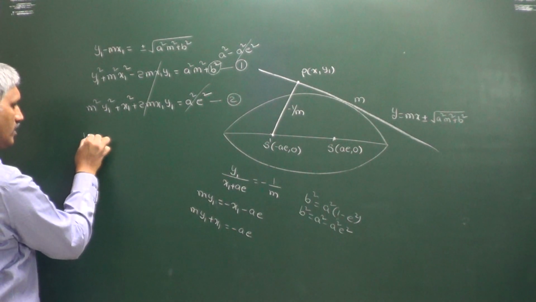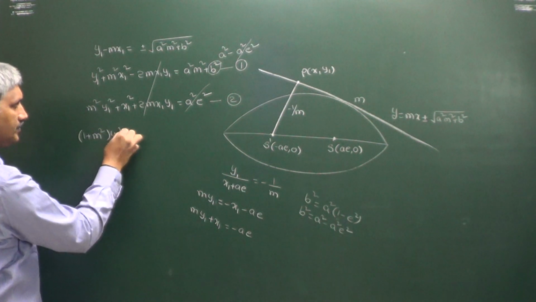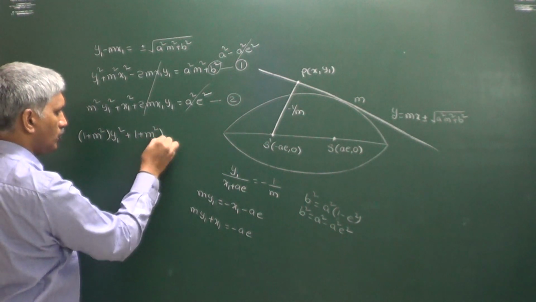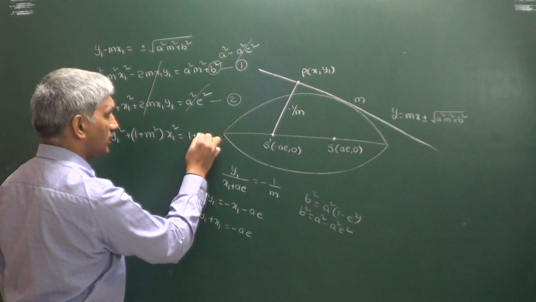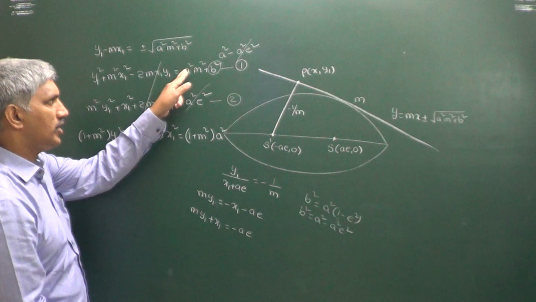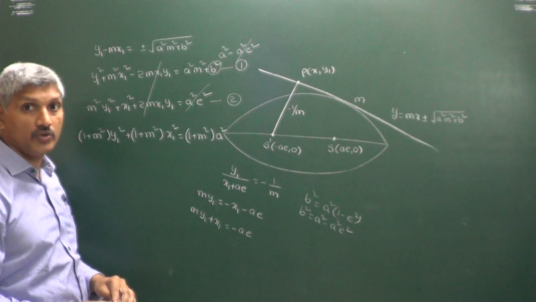Then we are getting 1 plus m square into y1 square, plus 1 plus m square into x1 square, equals 1 plus m square into a square, because here we have a square m square plus a square.